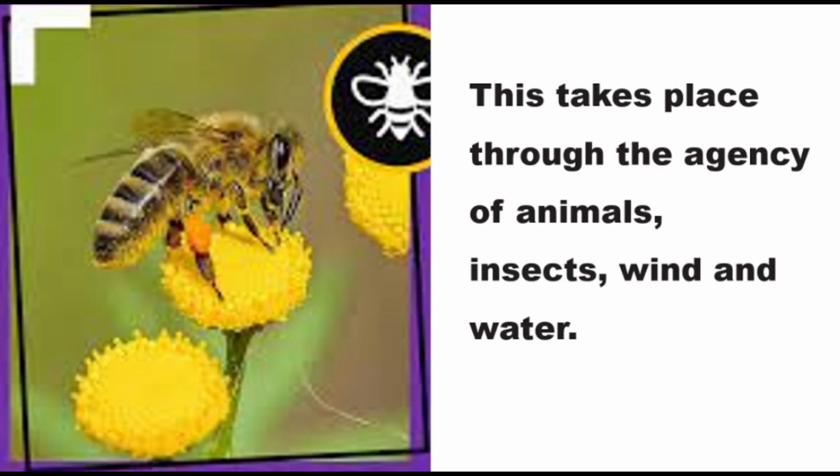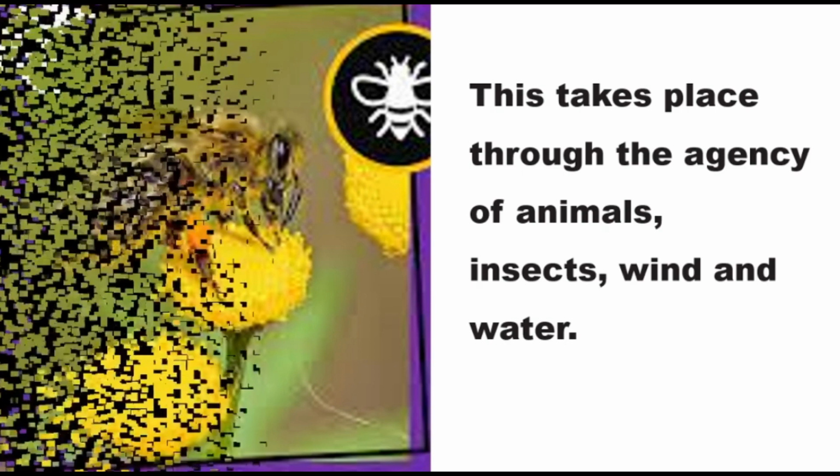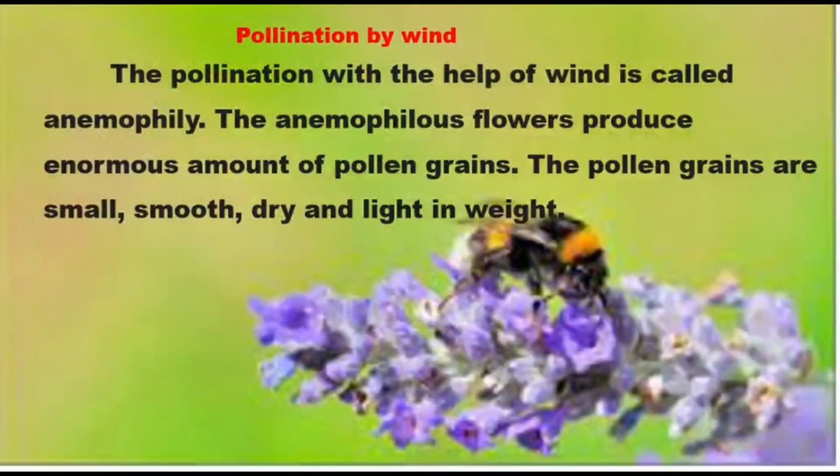When you take the agents of cross pollination, there are four agents: animals, insects, wind, and water. If the pollination happens by the wind, we call it anemophily. Look at the flower, which may be an enormous flower. The pollen grains are small, smooth, dry, and light in weight.